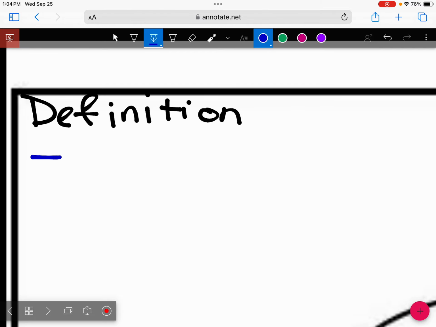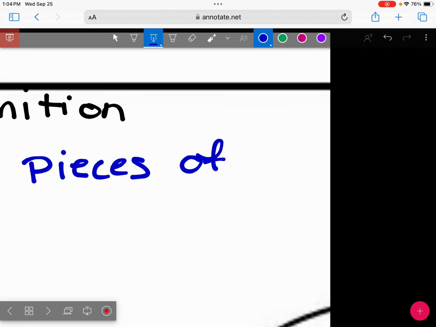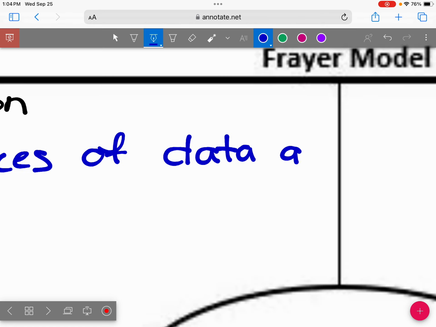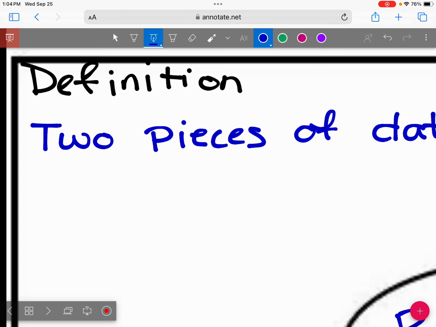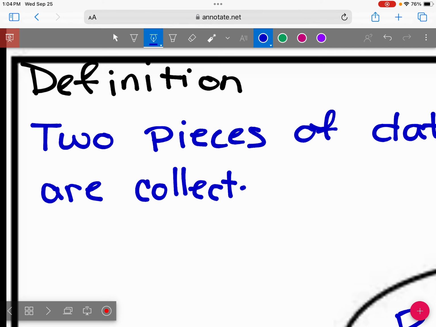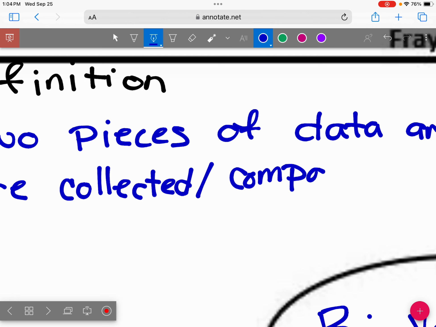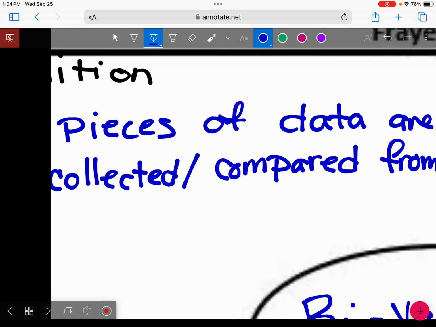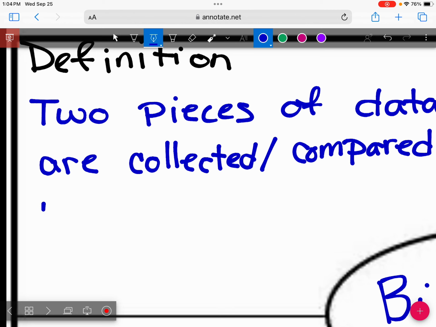So our definition: it's two pieces of data are collected and compared from each case.